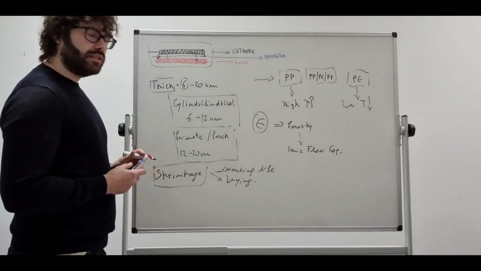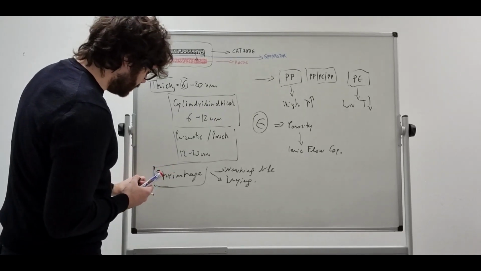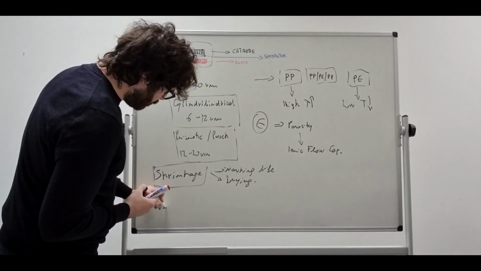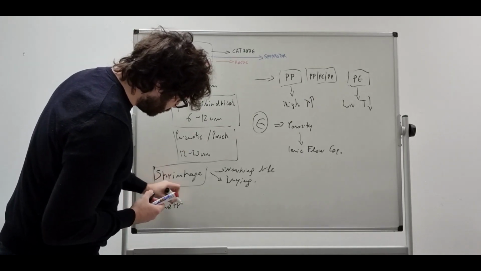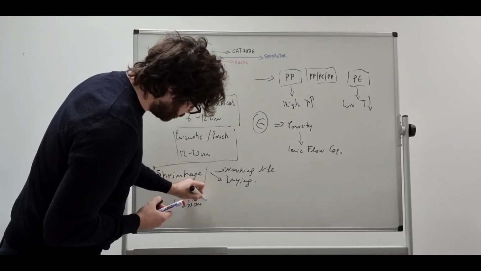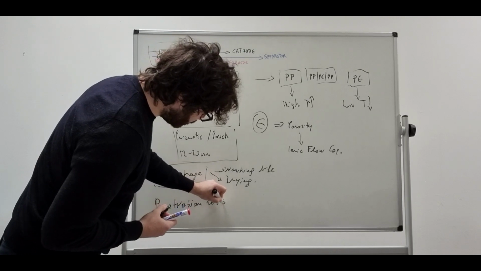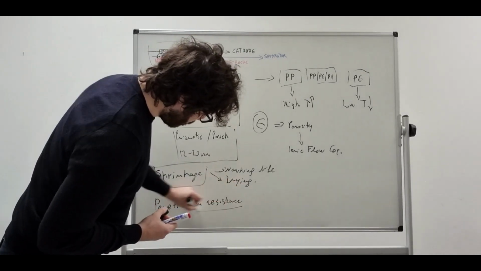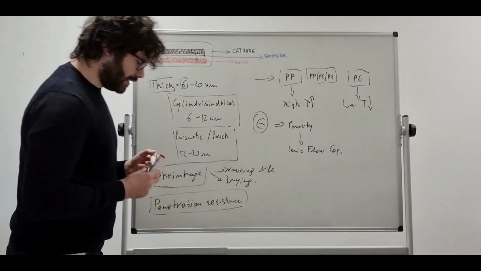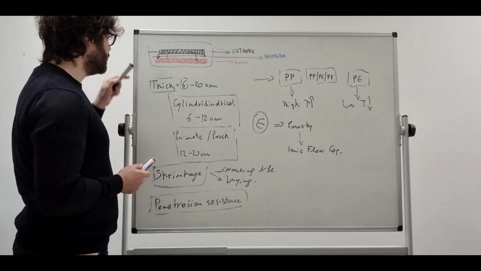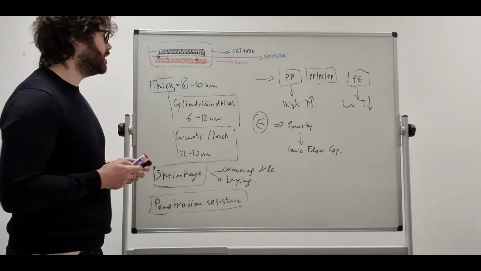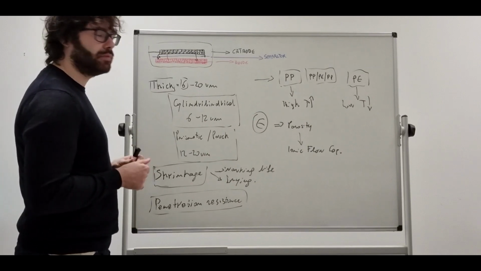Another very important property is the penetration resistance. As you know, one of the biggest enemies of the battery cell are the particles, or the metal particles.